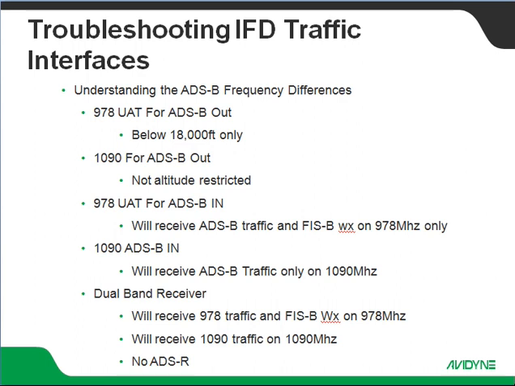And you'll also receive 1090 traffic on the 1090 frequency, meaning airplanes that are flying around using 1090 for their ADSB out. The important thing to understand here is with a dual band receiver, if you're the only person talking to the ground station, you are not going to trigger an ADSR, because the ground station understands that you're listening for 978 traffic on 978 as well as 1090 traffic on 1090. This can become problematic if you've only got a single band receiver.